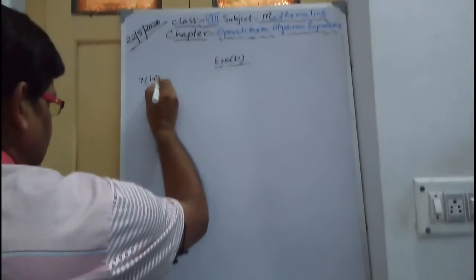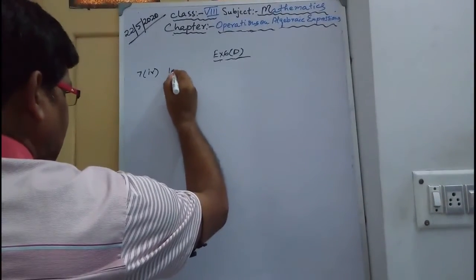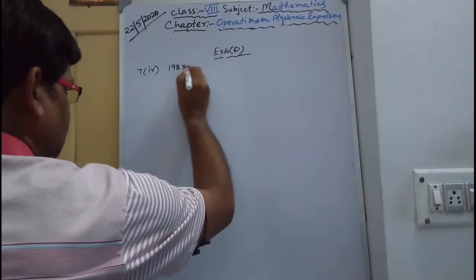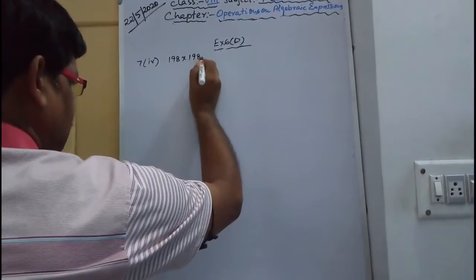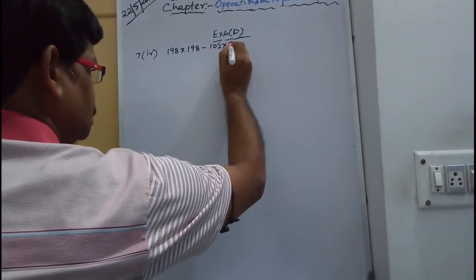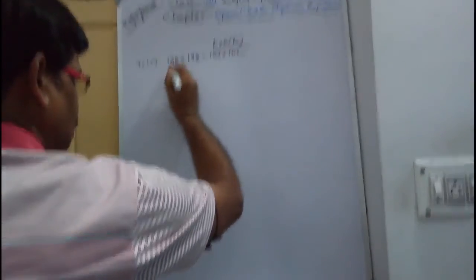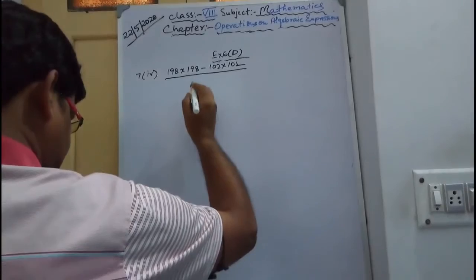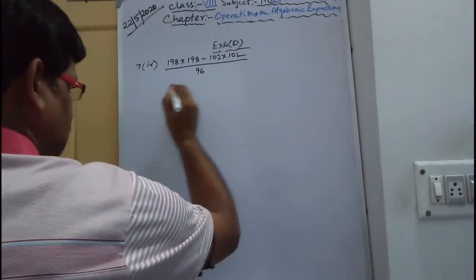Roman 4, (198 into 198 minus 102 into 102) by 96.